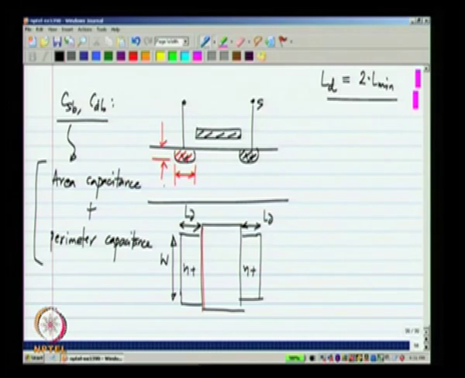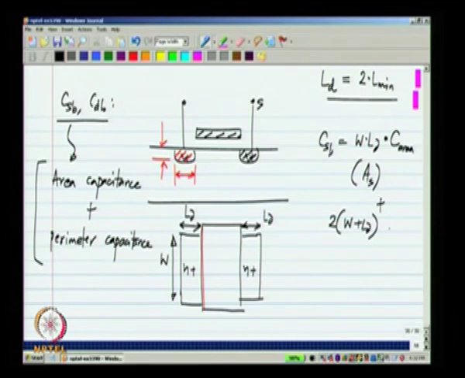Now, the area capacitance part is given by W times LD, which is usually called AS, the area of the source, times some capacitance per unit area, plus the perimeter of this, which is 2 times (W plus LD), times C perimeter.